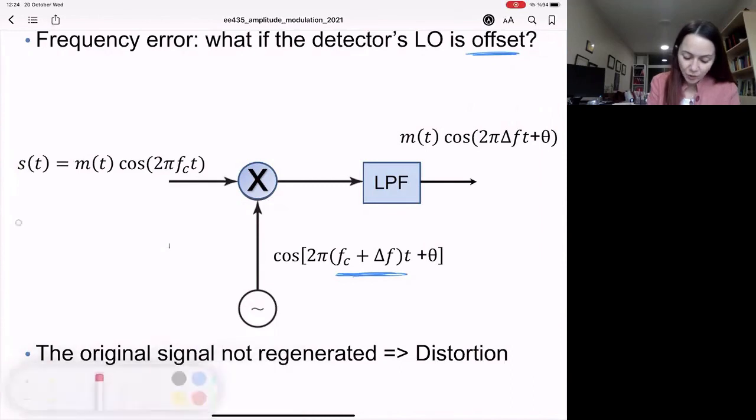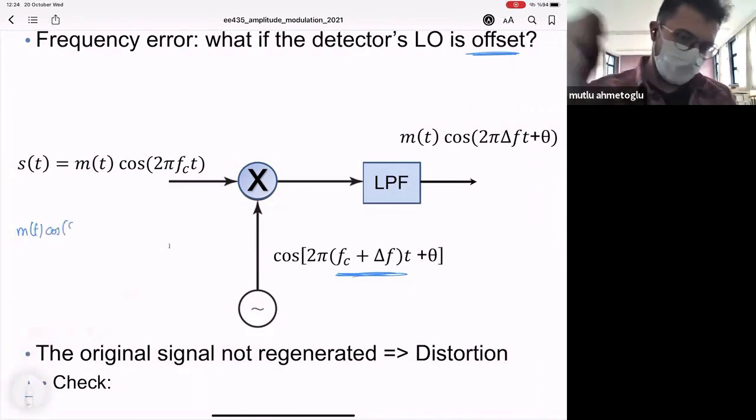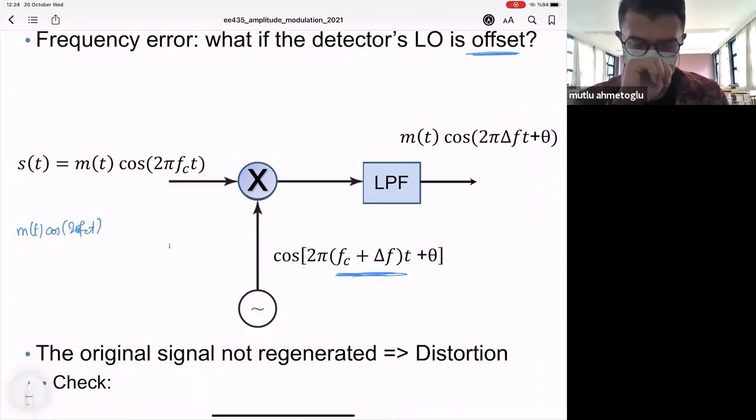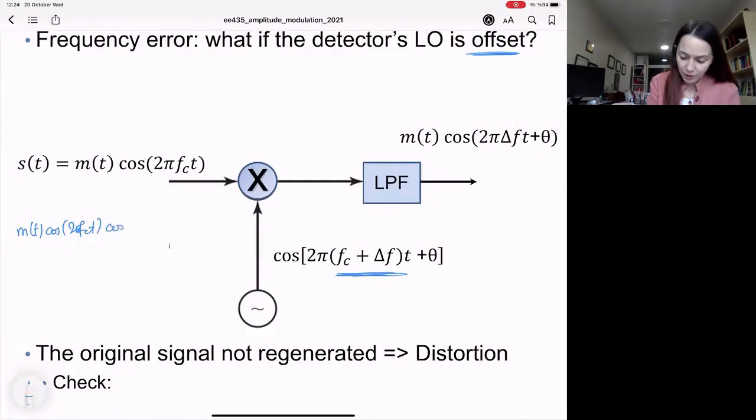Right. So let's work this out. M of t cosine 2 pi fc t times cosine 2 pi (fc plus delta f) t plus theta. What is the expansion?